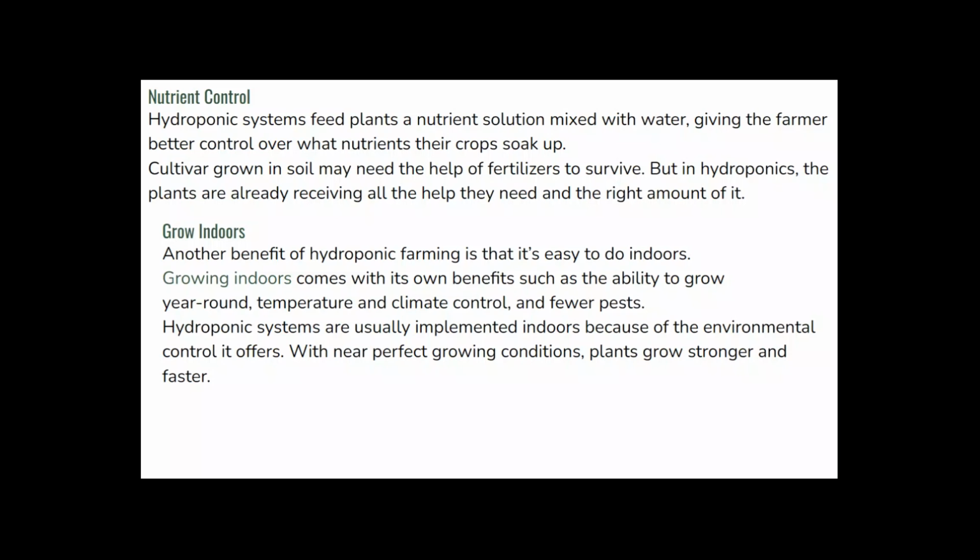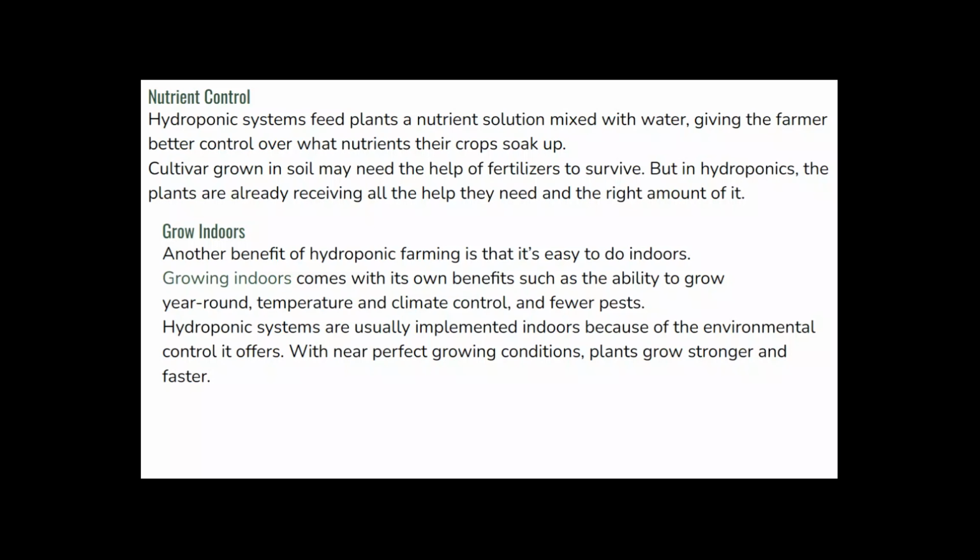Growing indoors comes with its own benefits: the ability to grow all year round, and temperature and climate control, so there are fewer pests. Hydroponic systems are usually implemented indoors because of the environmental control it offers. We can control temperature, humidity, and so on.